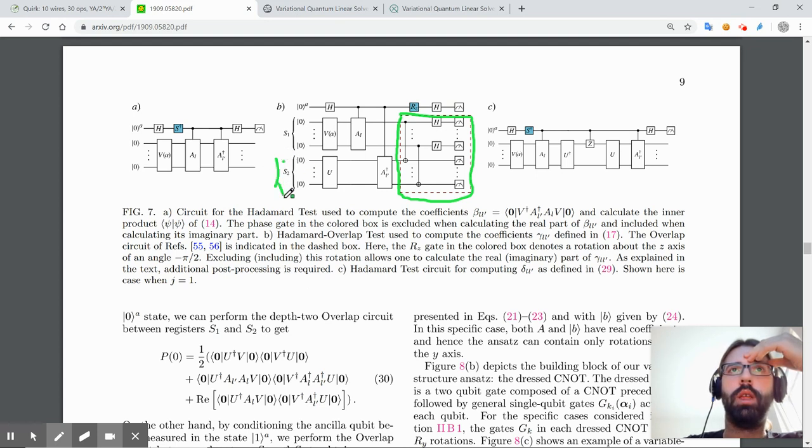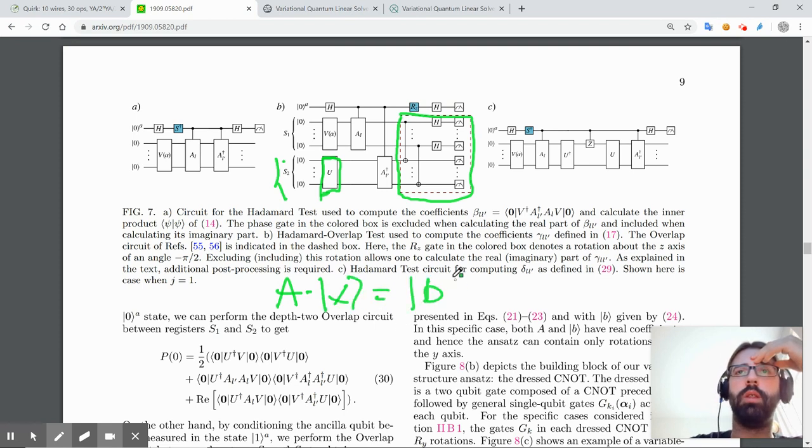Like this register is calculating U. So U is what, let's recap. You've got your matrix A, you've got your ket X, and then you've got the ket B. And so U is what prepares the B state. So this is U.